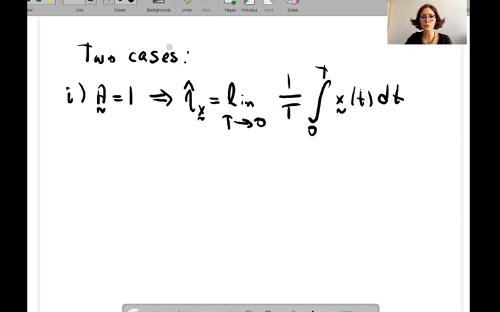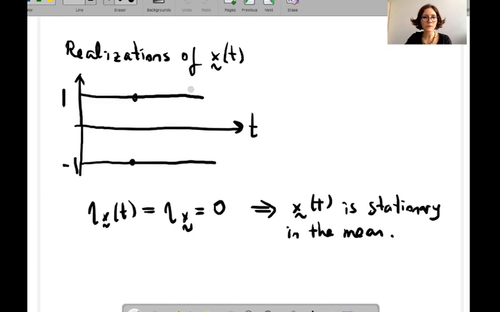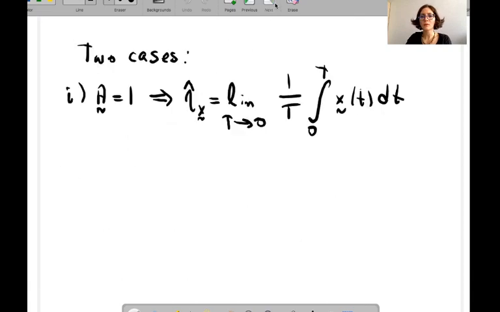We are in the case where a is equal to 1. And when a is equal to 1, as you remember from the previous page, our random process is identically equal to 1 everywhere. So in this first case, x of t will be equal to 1 everywhere. Let's look at this integral now. We are integrating the constant function 1 between 0 and t, and dividing by t.